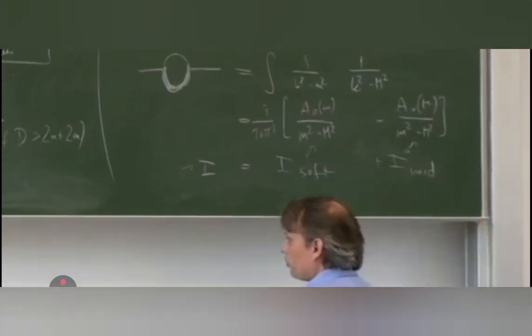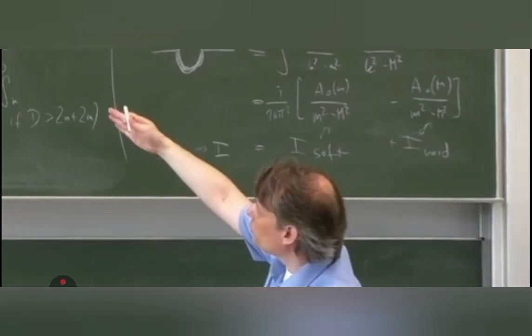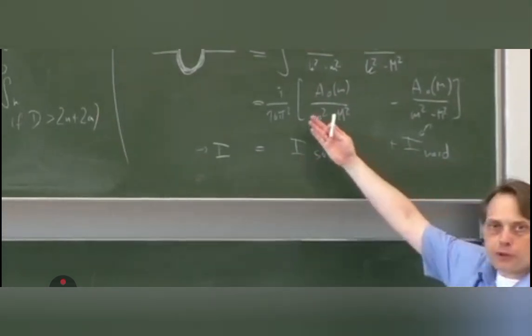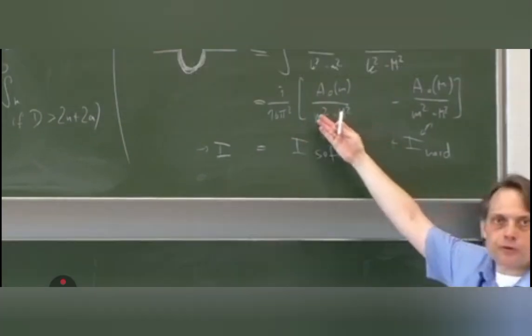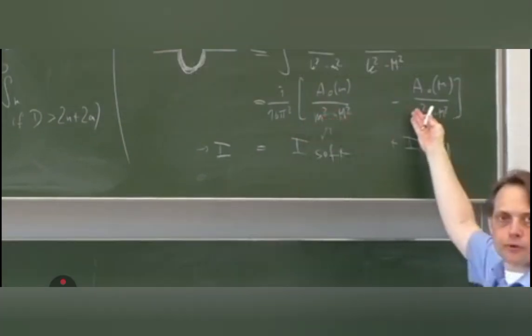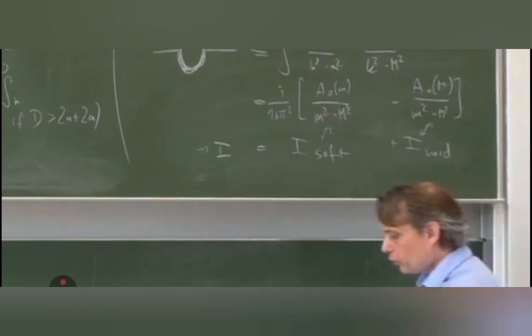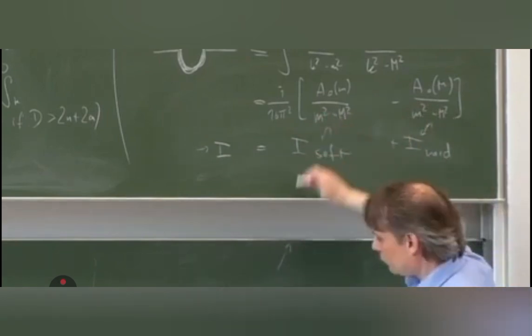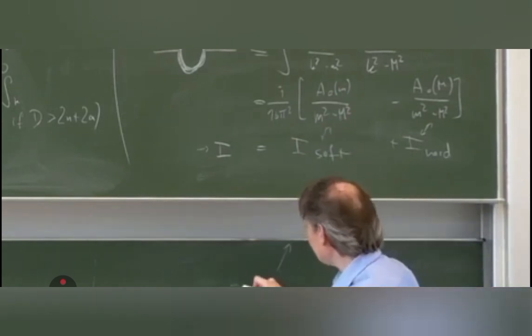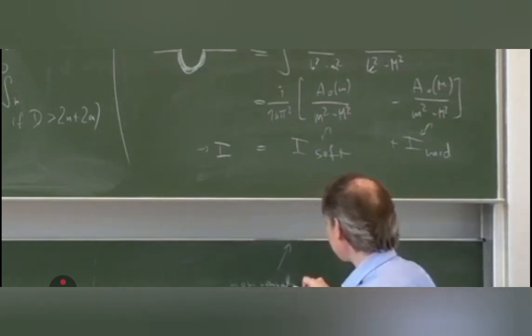Now what I simply want to say, following from the previous single scale discussion: we have now split our two-scale integral into a soft part, which is a one-scale integral, and a hard part, which is also a one-scale integral. So let us just comment here. The soft part is now non-analytic in the small mass square.